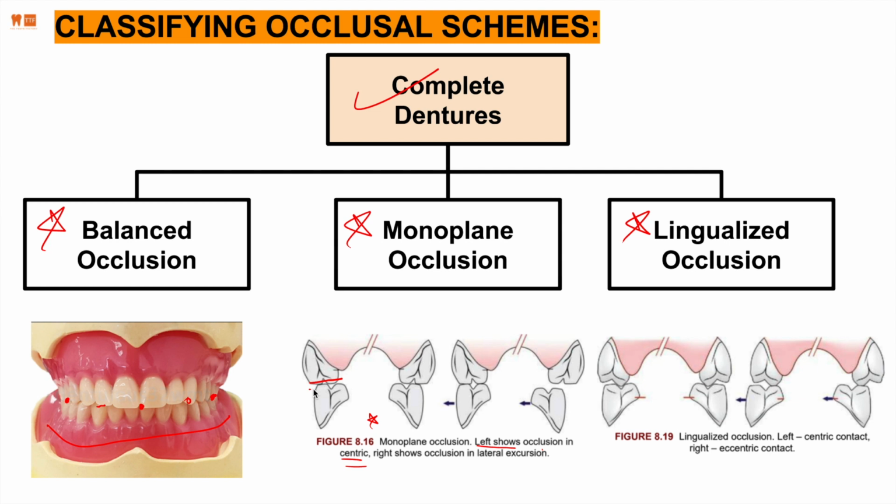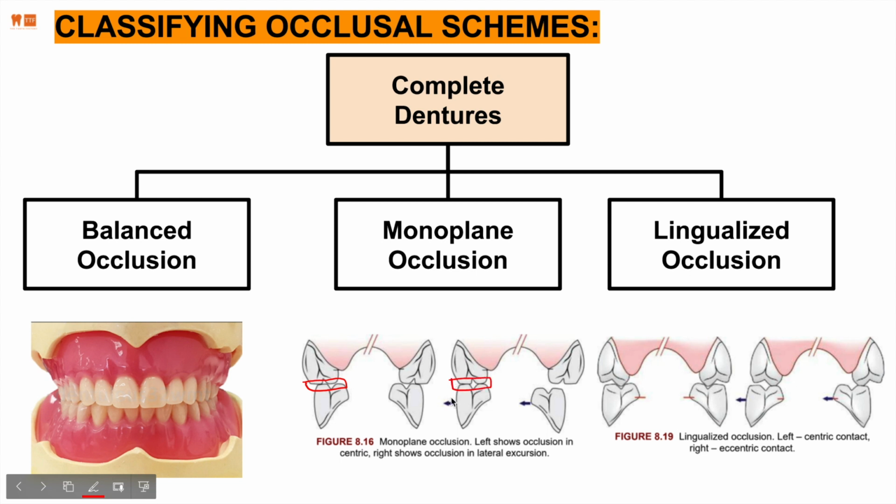See, both sides are touching each other. The right will show lateral excursion. Now, do you see on lateral excursion, this here is disoccluded? But all of that disocclusion is compensated by a flatter occlusal plane right here. A flatter occlusal plane, and that's monoplane occlusion.